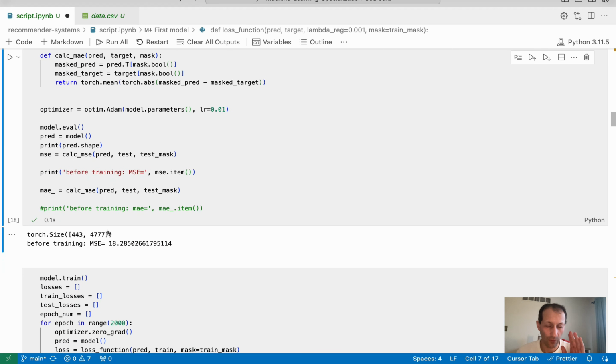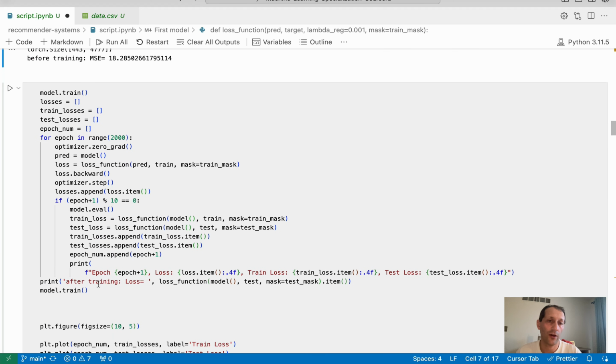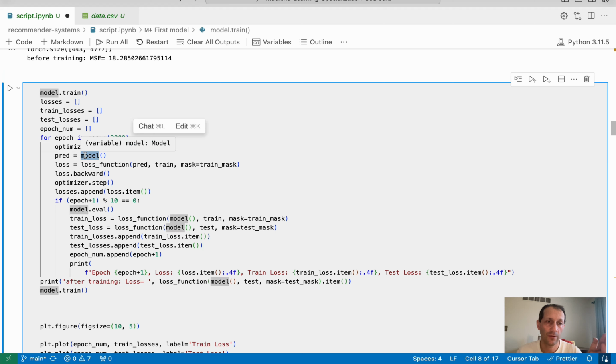All right, so with a model randomly initialized, the mean squared error is 18. Let's go through the training process, which is essentially to have a forward pass, get the loss only on the training data, even though you made a prediction on the entire data.